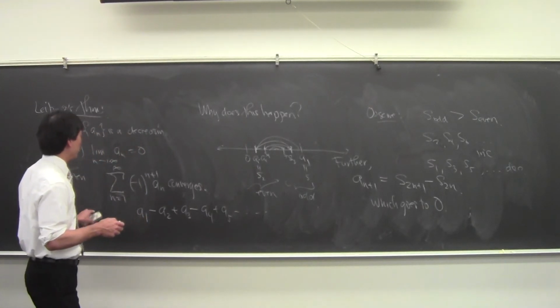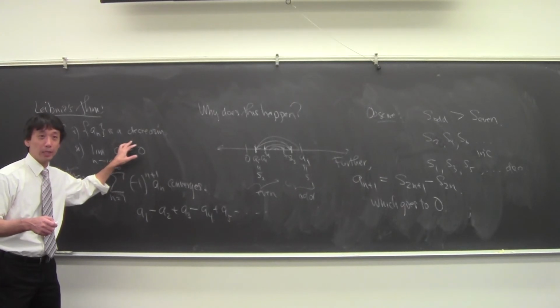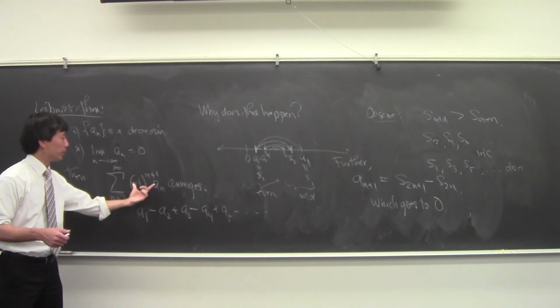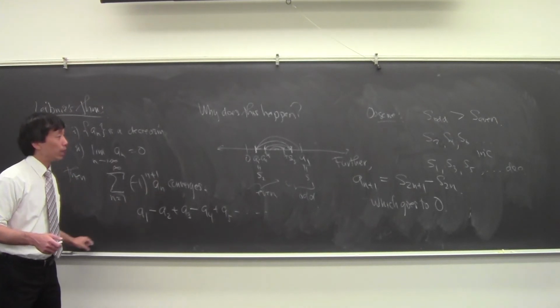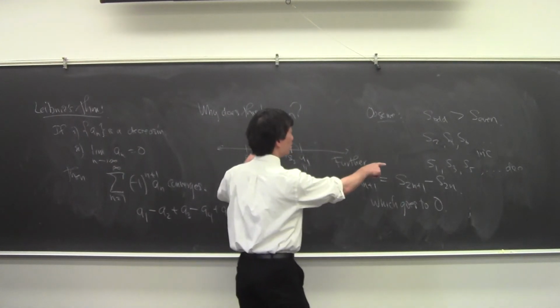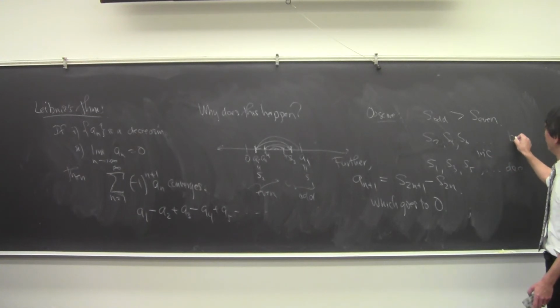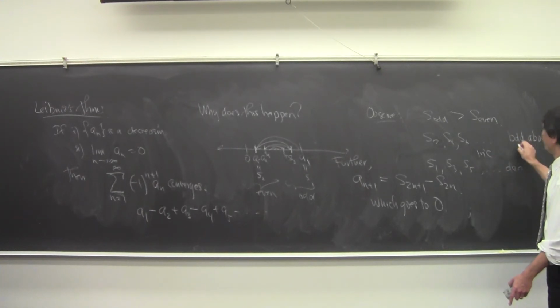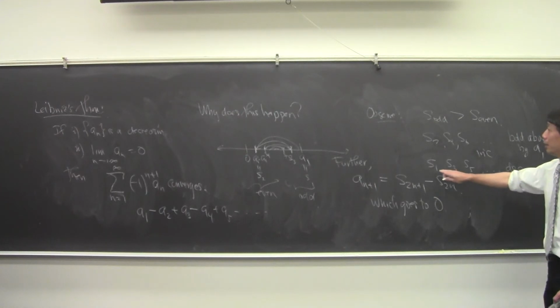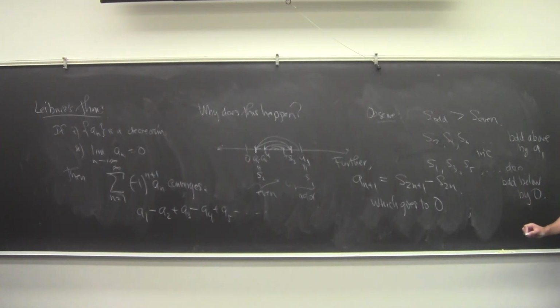Okay, so why is it true that in Leibniz's test the alternating sum converges? Well, look at the sequences of partial sums. These guys are an increasing sequence, and they're bounded above by a1. These guys are a decreasing sequence, bounded below by 0. So both of these converge.